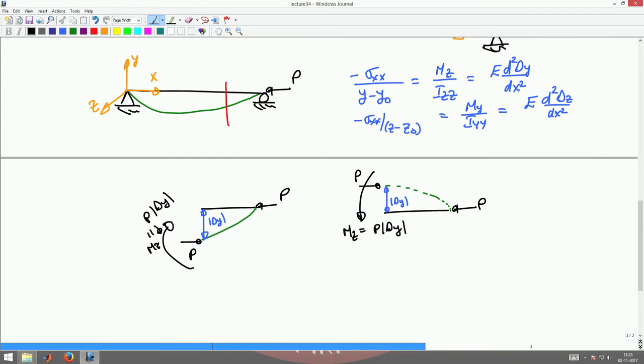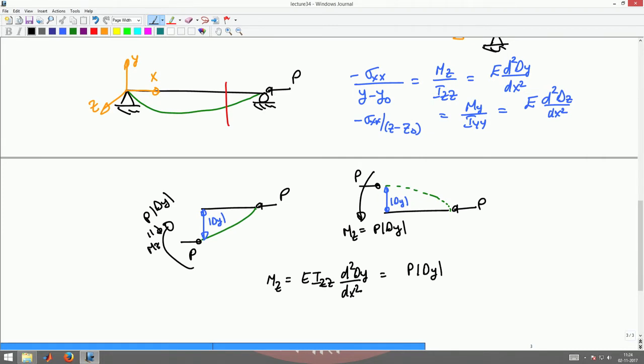Now going back to the bending equation, I have now found Mz for this system, so I use this equation to find delta y. I have Mz is E times Izz d square delta y by dx square, which is nothing but P times the absolute value of delta y.